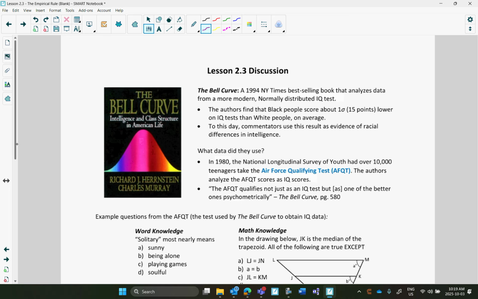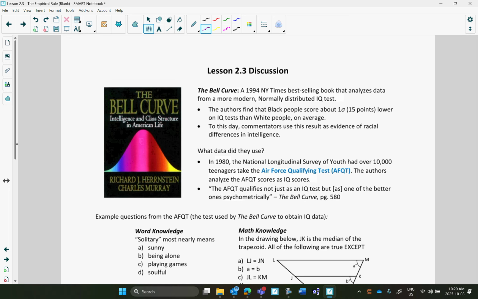Is it a combination of both? Is it how much you learned in school? Or is it how much your reasoning capacity is? Who knows? Okay.